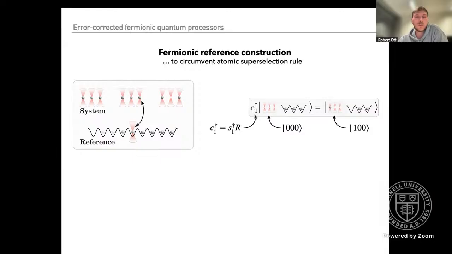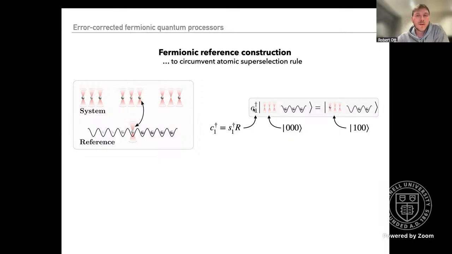So effective particles, fermionic operator C here, that consist of physical particles S, and these physical particles S have the atom number constraint, and an operator R over here that we carefully design. It's a many-body operator, but it's carefully designed in order to transport certain kinds of properties from the physical fermions to these effective fermions, such as the effective exchange statistics.